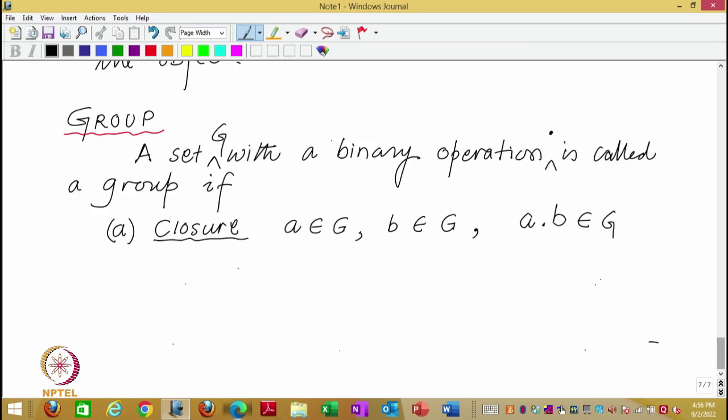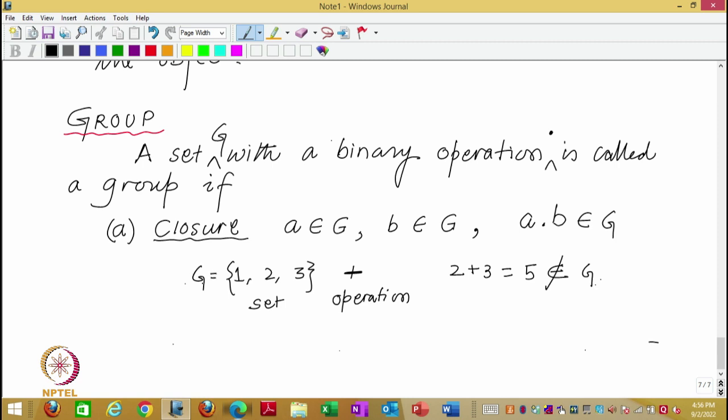So, let us consider a set 1, 2, 3, with the binary operation plus. Is it closed? It is not closed. 2 plus 3 is equal to 5, and it does not belong to the set.